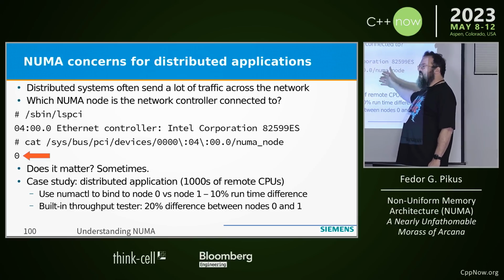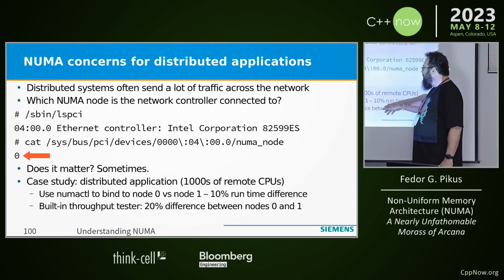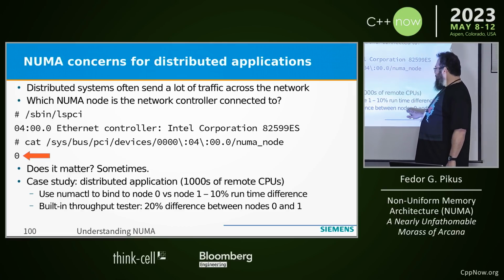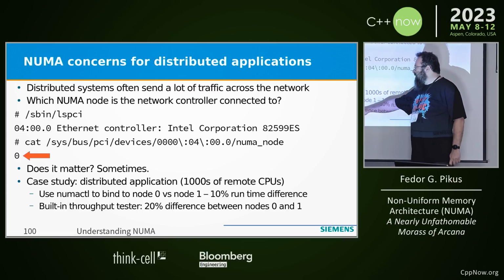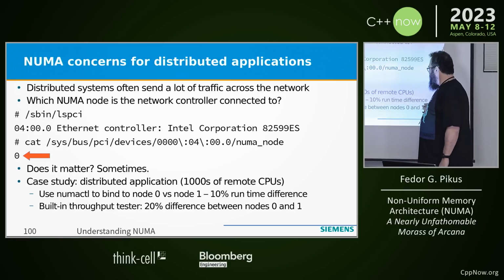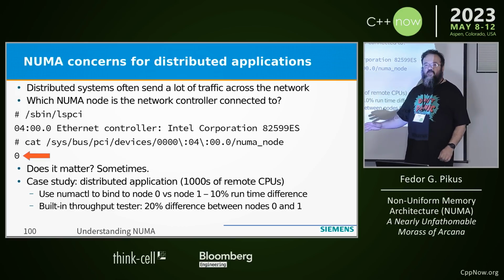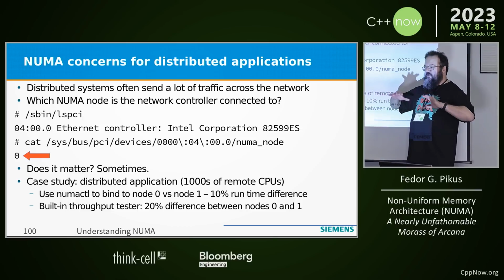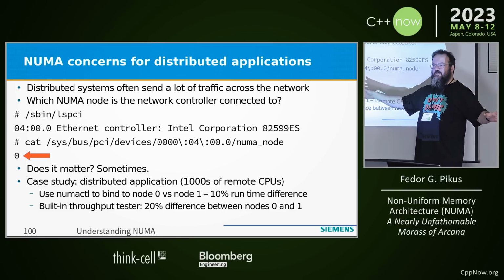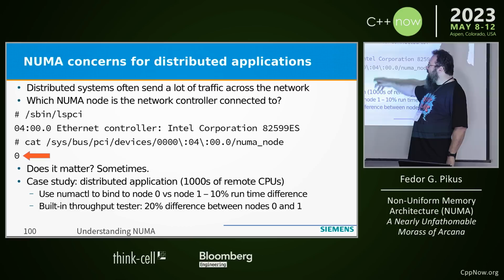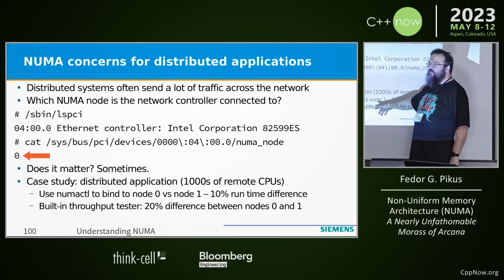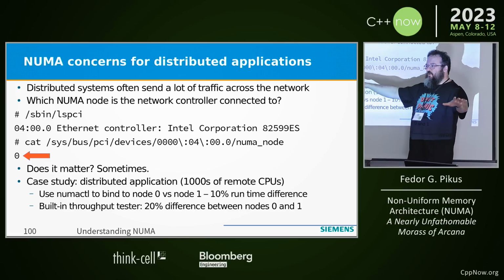It's very hard to observe this in a simple benchmark, but for our application there's an overall 20% difference between locking the entire program to node 0 and locking it to node 1 when it's running in distributed mode. So when there are thousands of cores on hundreds of boxes talking to each other across Ethernet, the program becomes 20% slower if I lock everybody to the wrong node.